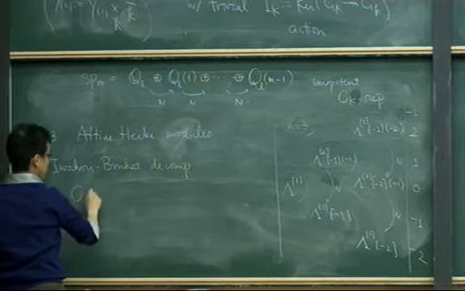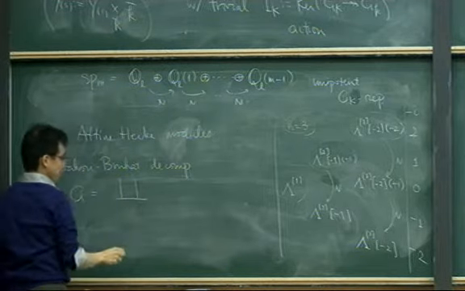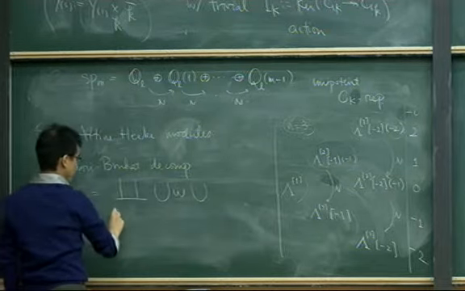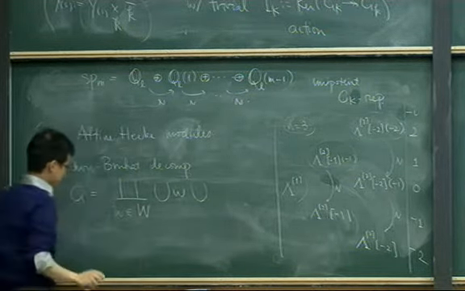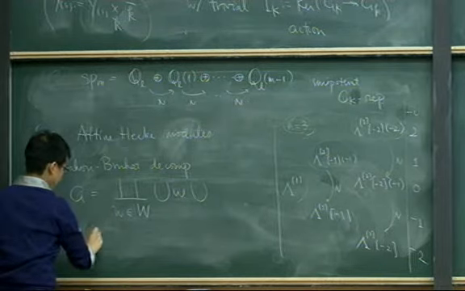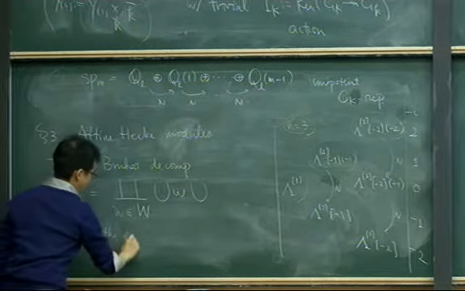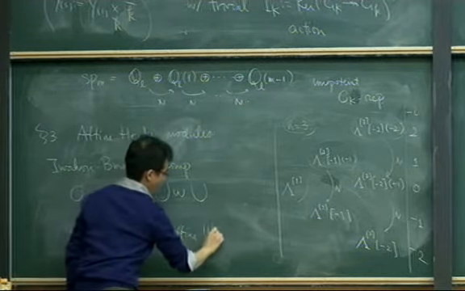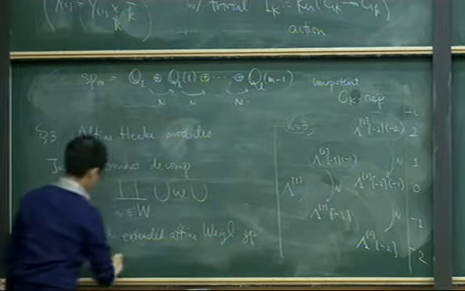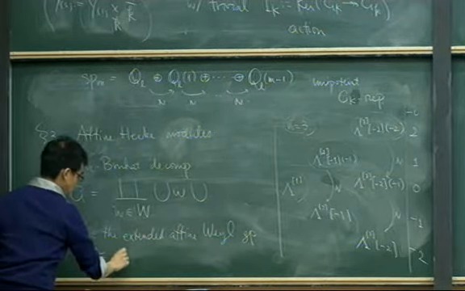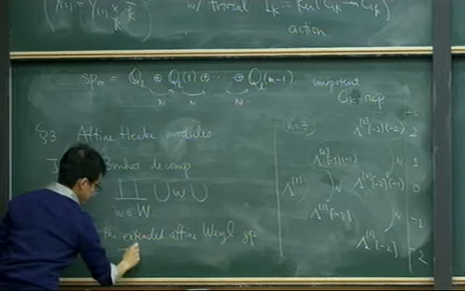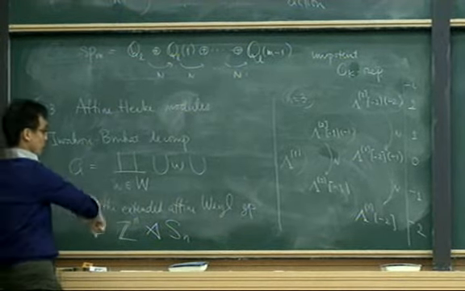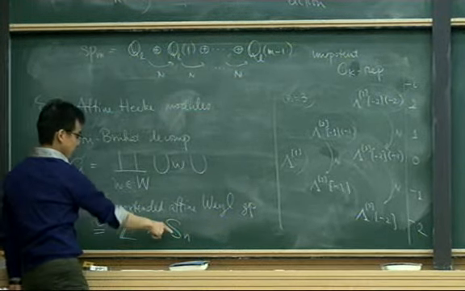So G is the union of double cosets indexed by the extended affine Weyl group. In this case, this is isomorphic to the semi-direct product of S_n and Z^n. Okay, this is a natural action.